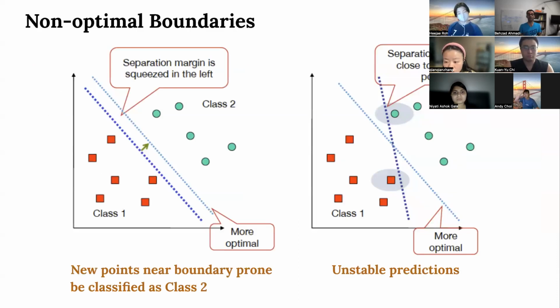Because of that, obviously, the line should neither be close to class 1 nor close to class 2. So at least in terms of these two lines that are kind of parallel, the one that is less bold is more optimal.